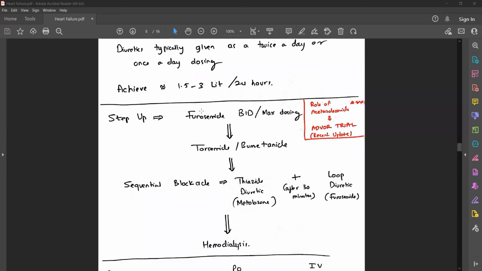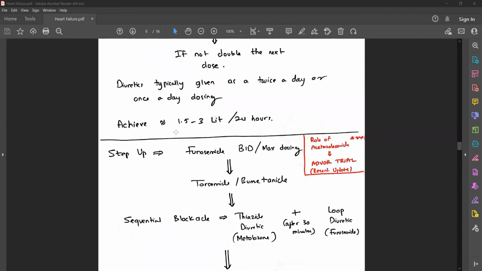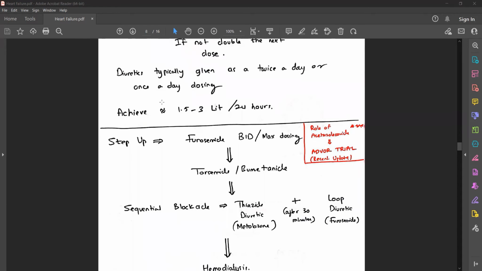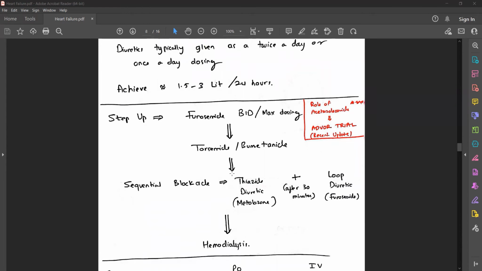Now, let's say you're giving furosemide 80 milligram, 100 milligram, even 120 milligram. You're doing BID dosing, you went up to the max dose, and you're seeing that the patient is not diuresing well and is still congested. This can happen if the patient is CKD stage 4 and is not responding well to furosemide.